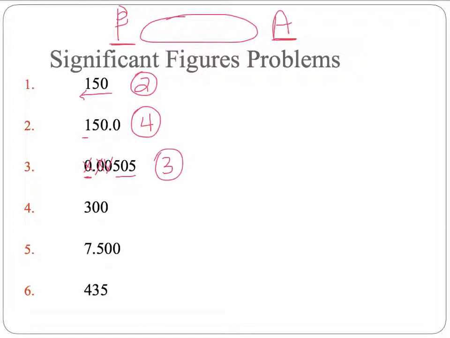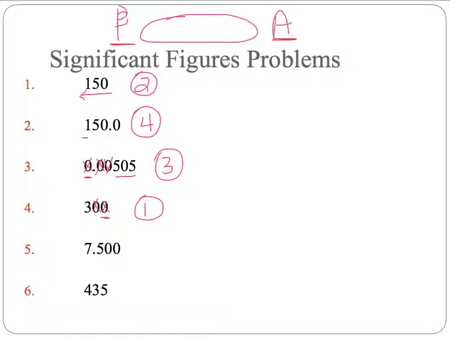On the next one, I have a number that has a decimal place absent. So I'm going to start counting at the end of the number. Again, I don't start counting until I get to a number that's not a 0. So that 0 is not significant, that 0 is not significant. So I have 1 significant figure. That 3 is the only one that's significant in that number.